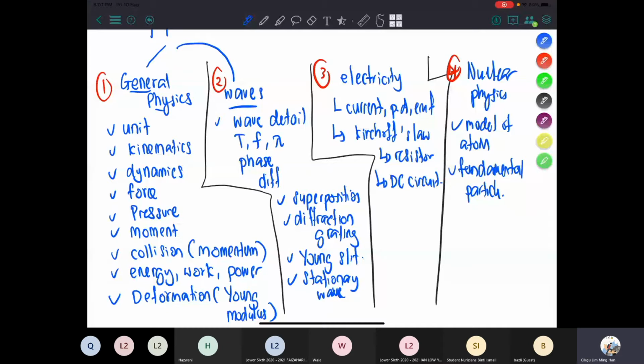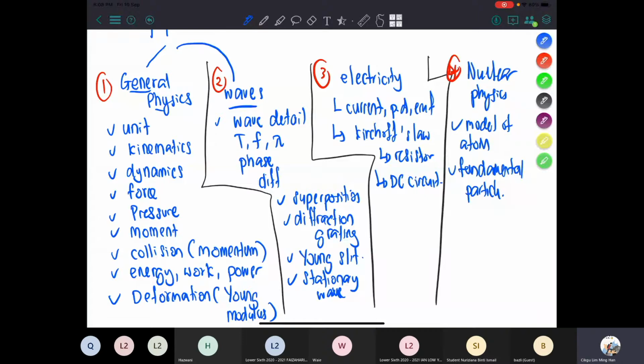So roughly there are four components, I think, if I'm not mistaken. Let me double check a bit. I think that's about it.